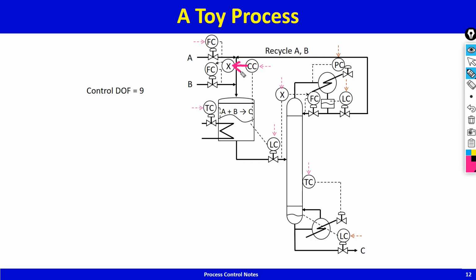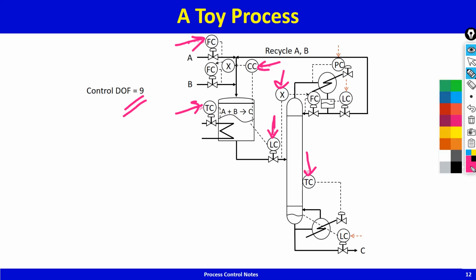So that's the control system, and you can see, as far as the operator is concerned, the control degrees of freedom is 9, he'll be setting 9 set points. 1, 2, 3, 4, 5, 6, and then 7, 8 and 9.